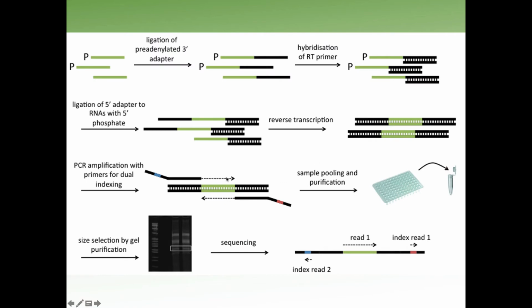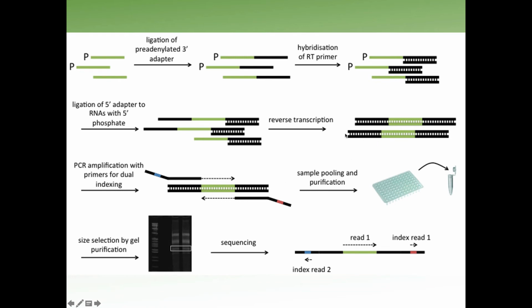To sequence these microRNAs, a lot of times we'll take these short RNAs and ligate on adapters, then use those adapters to get a reverse transcription primer on and form a double-stranded end, add some other adapters on, and then make a reverse transcribed product.